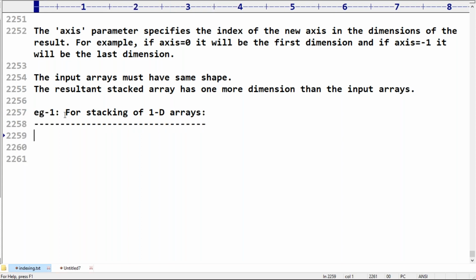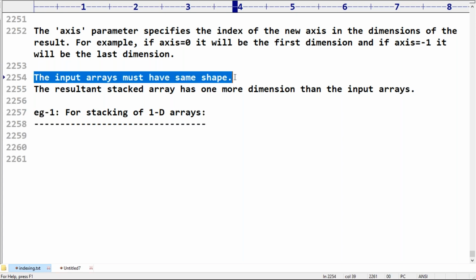Sir, if you want to use a stack, both arrays should be the same dimension or not? To use a stack, both arrays should be the same dimension, same shape also. Already in the documentation they clearly specified the input arrays must have the same shape. If different shapes are there, not possible.